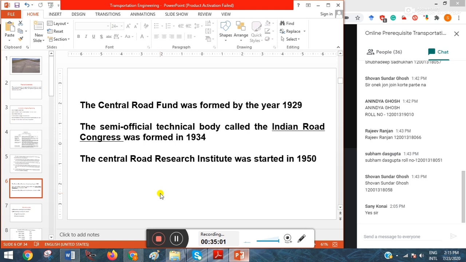This document was released during the 45th annual session and the Golden Jubilee celebration of the Indian Roads Congress in February 1985 at Lucknow. Therefore, this road development plan for 1981 to 2001 is also called the Lucknow Road Plan.